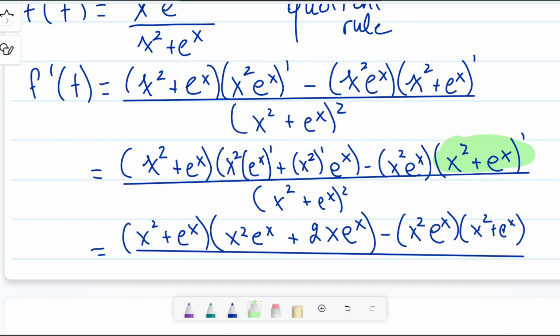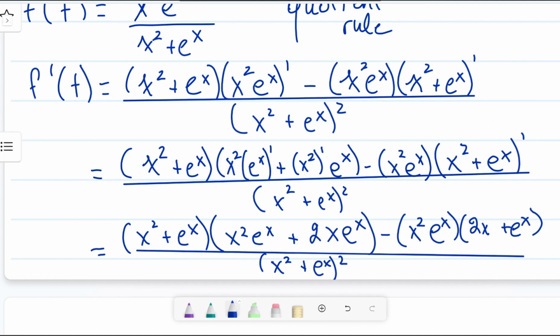We have the addition of two terms, so the derivative of x squared is 2x, and the derivative of e to the x is e to the x, and the denominator stays the same. And unless you're asked to simplify, you can keep your answer this way.